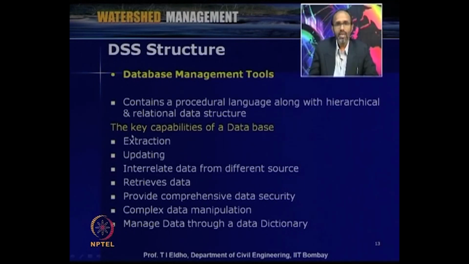So, the key capabilities of the database subsystem include extraction, updating, interrelating data from different sources, retrieving the data, providing comprehensive data security, complex data manipulation, then managing the data through a data dictionary. So, these are some of the key capabilities of a database within a DSS.